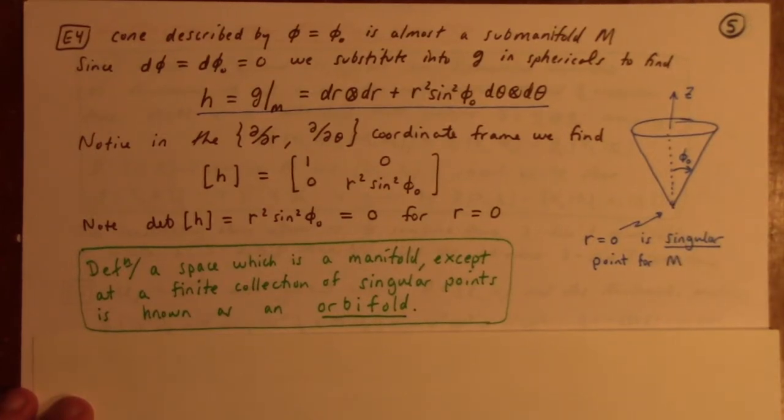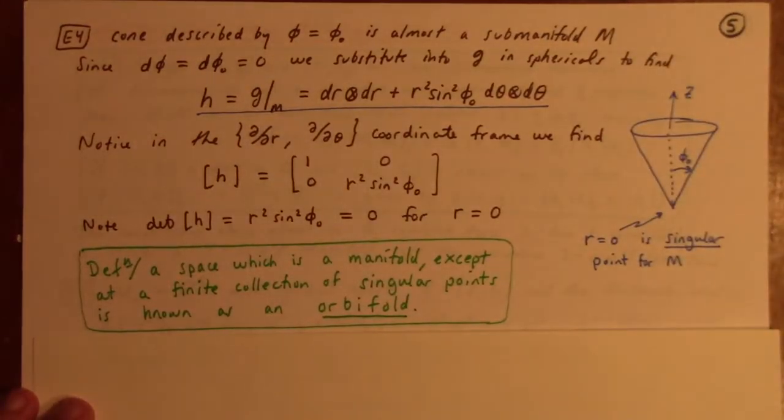But on the other hand, when phi naught is not pi over 2, for interesting angles, acute or obtuse, the cone is genuinely two-dimensional, except for one point, that cusp point, the pointy part of the cone, which is the place where it stops being two-dimensional.